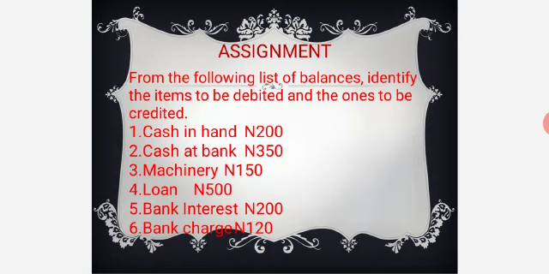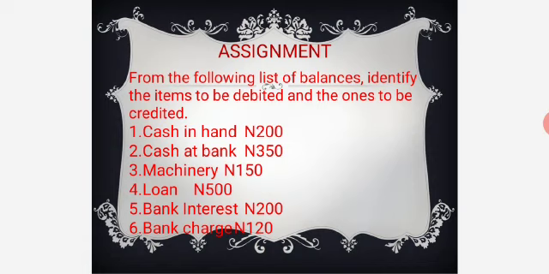So from what we have learned so far, we have seen that the trial balance is a very important account in bookkeeping, because without a trial balance, errors will not be revealed. And if these errors are not revealed, it means it's going to affect the preparation of the final accounts, which are the trading, profit and loss account, and the balance sheet.